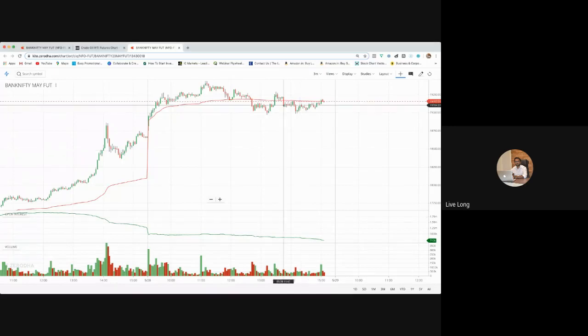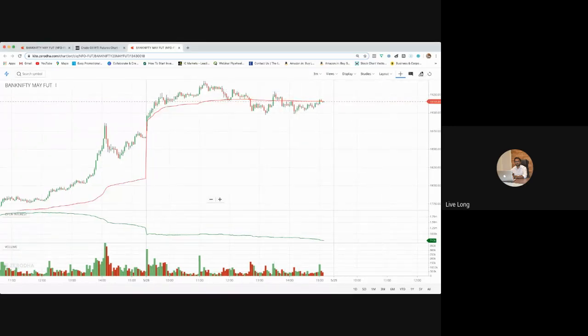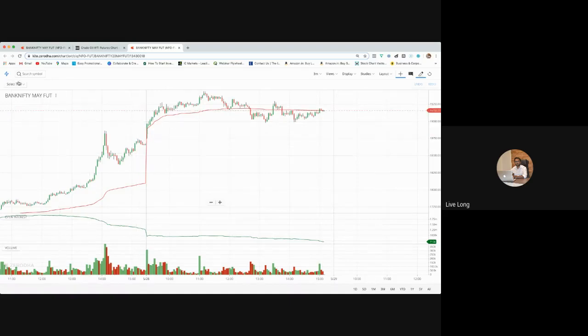What I see on this chart is that this particular level, around 19,150, is acting as a resistance. Earlier, this was acting as a support. The price was hitting here and picking up from this point. Multiple times it has acted as a support. Now it is acting as a resistance for this index.